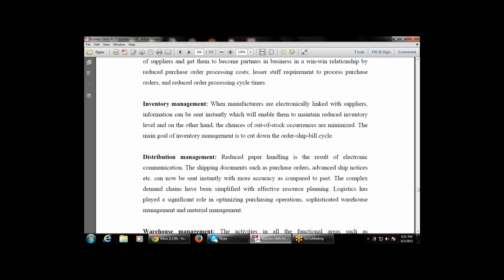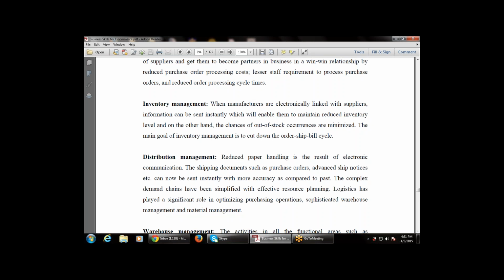So whenever there is electronic communication between the suppliers and the manufacturer, the proper information will be available to help keep inventory levels reduced. And on the other hand, chances of out-of-stock occurrence are minimized. That is, nothing is out of stock, everything is in stock. The main goal of inventory management is to cut down the order ship bill cycle.